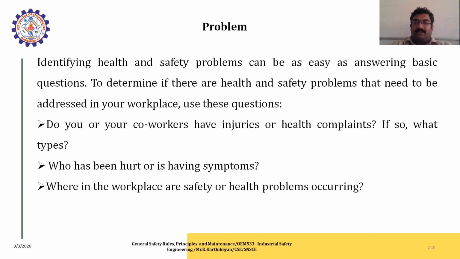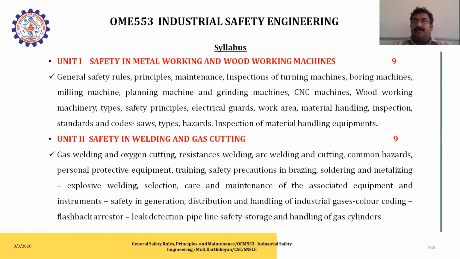Okay, next one. Before going to the lesson, first we have to see the syllabus. What units are available? What topics are available in your Industrial Safety Engineering? The first unit is safety in metal working and wood working machines. Below that, the topics are general safety rules and principles, and maintenance and inspection of turning machine, boring machine, milling machine, planing machine, grinding machine, and CNC machines.